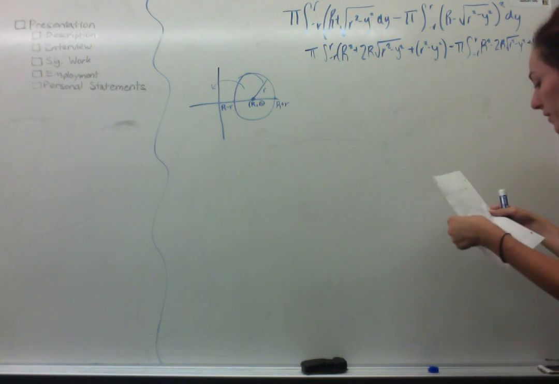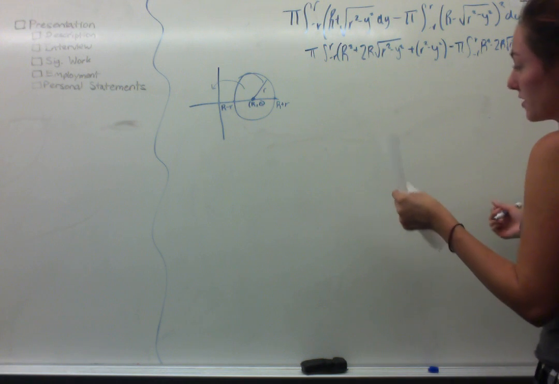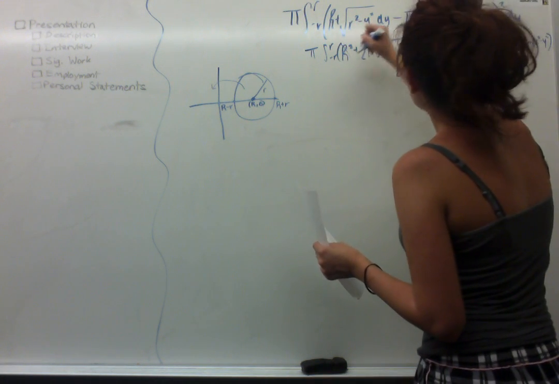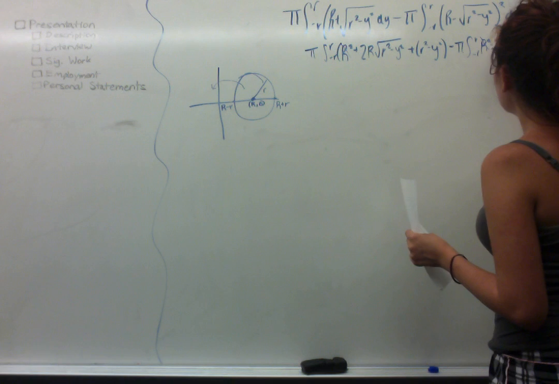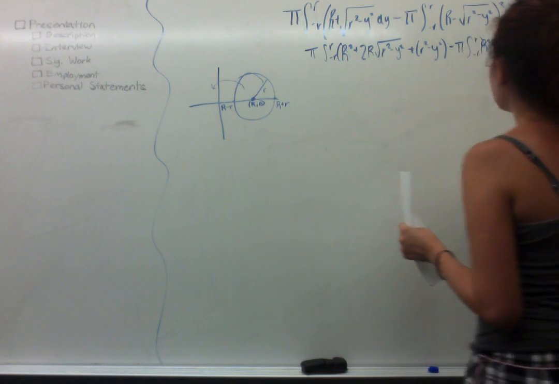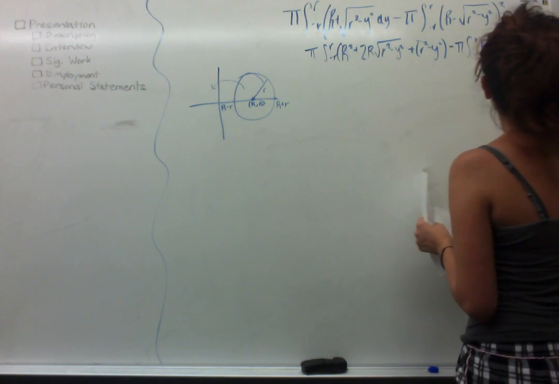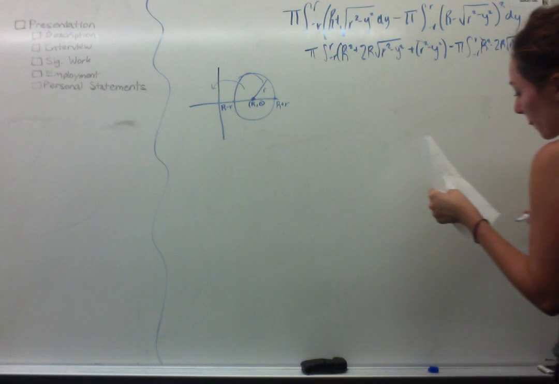Just got a little cramped at the end. But now if you see, this R squared is going to cancel with this R squared because it's plus and minus. This is going to cancel with this because it's plus and minus.